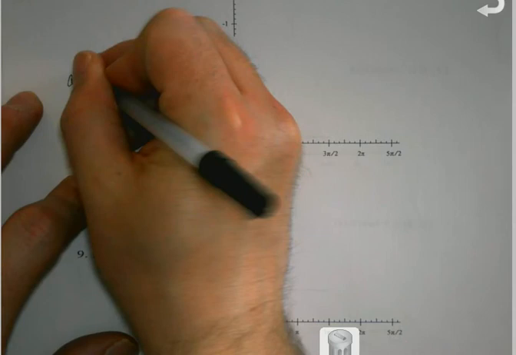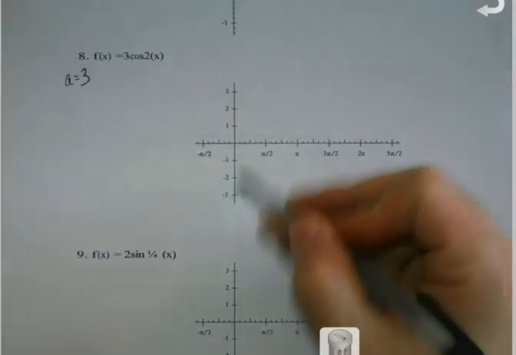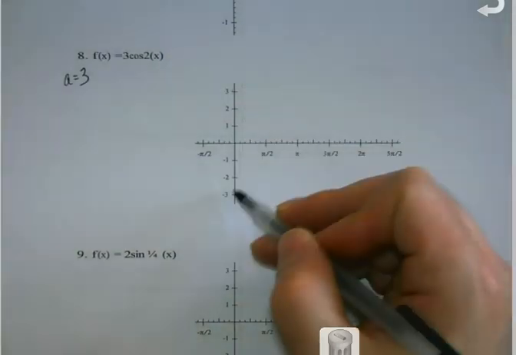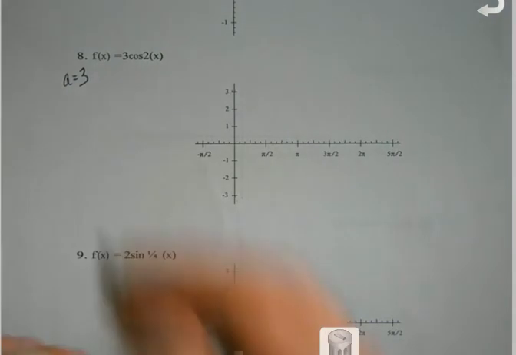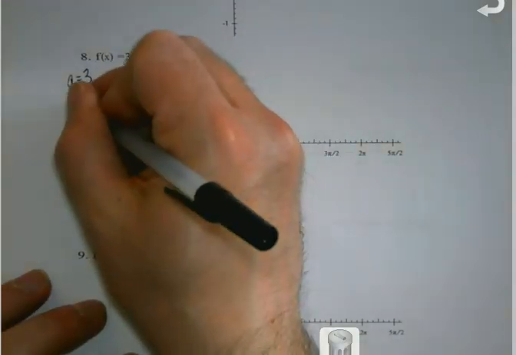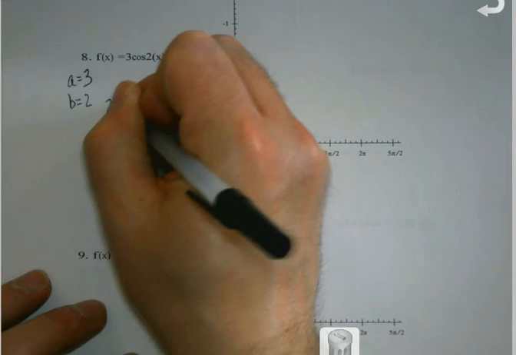We have an a value or an amplitude of 3, which means those will be our maximum and our minimum values that we'll be hitting at certain points on the graph. And my period now is going to be divided by 2.